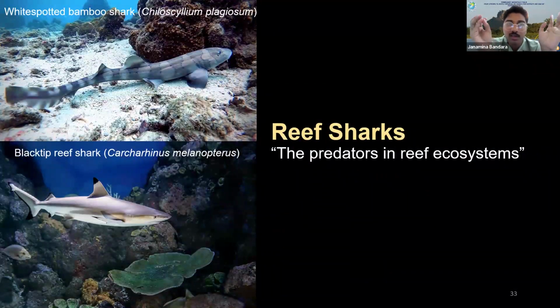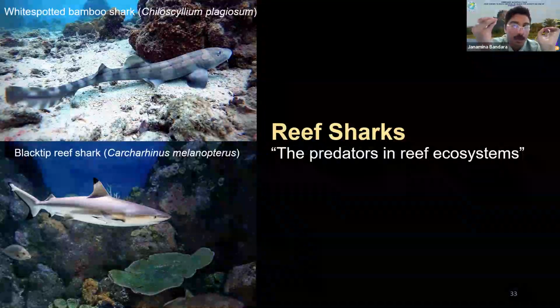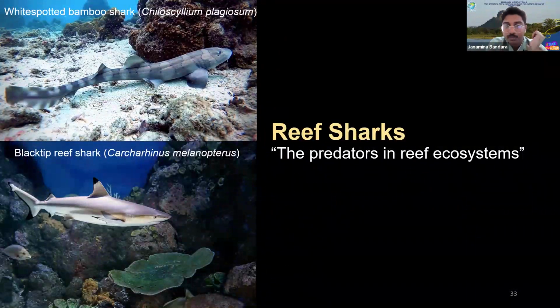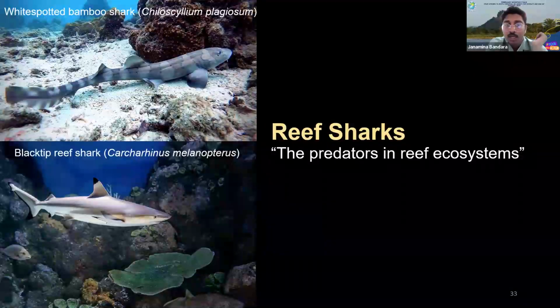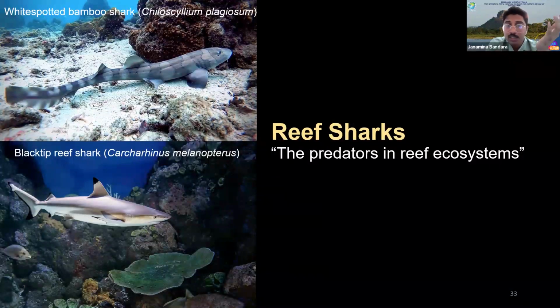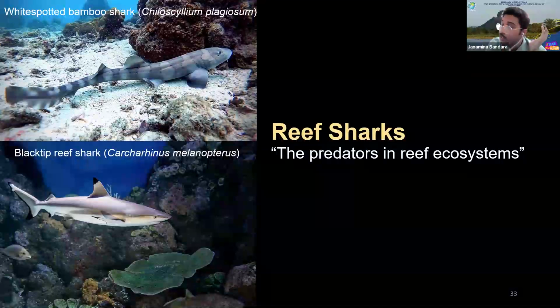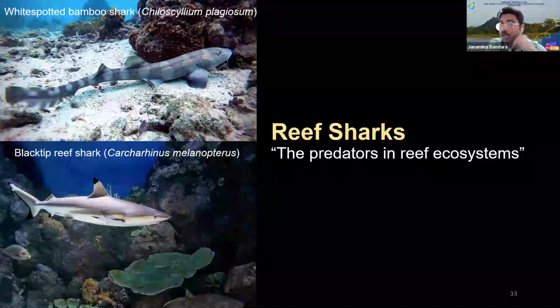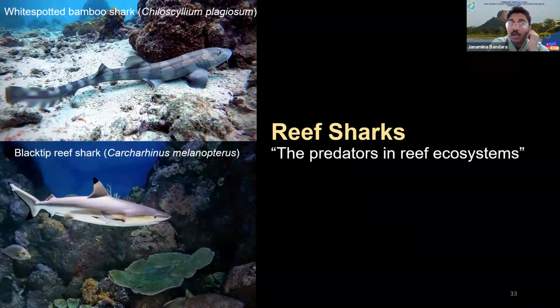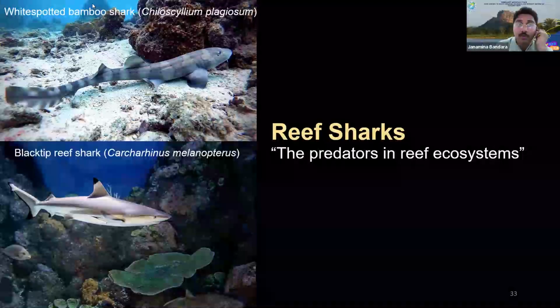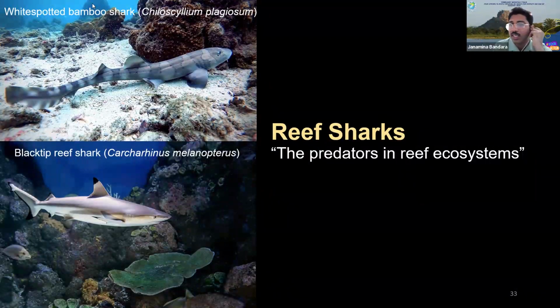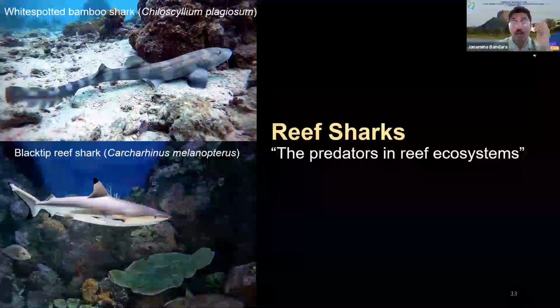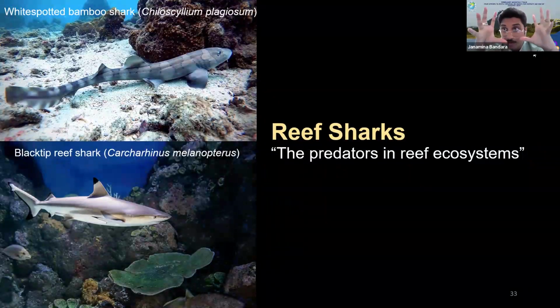Yeah, there are different species which people call Kirimora, but Carcharhinus sorrah and Carcharhinus melanopterus, the blacktip reef shark, are very common reef sharks in Sri Lankan waters. And fortunately, if you go on a dive, you could see the bamboo shark. These sharks are very diverse. They have very different diets.